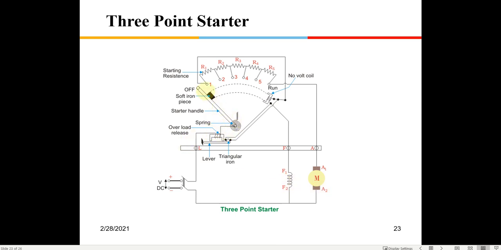If you see, it is going from here to this rod, which has come to the run position out here. From the run position, through these resistances, it goes out through this coil to the field.